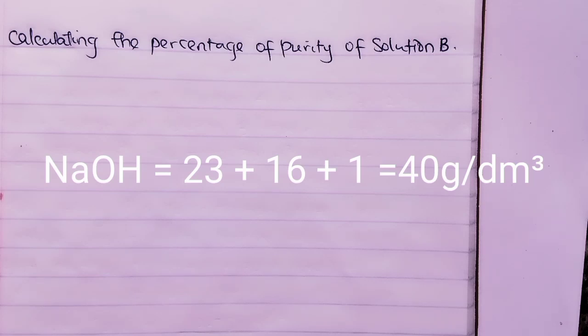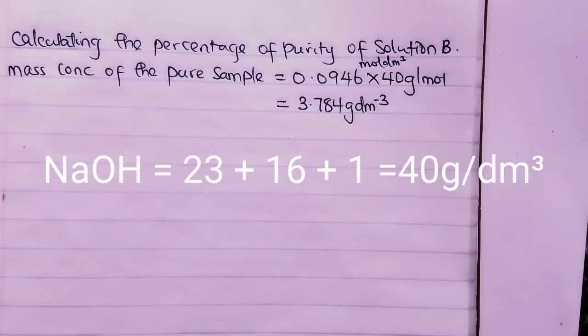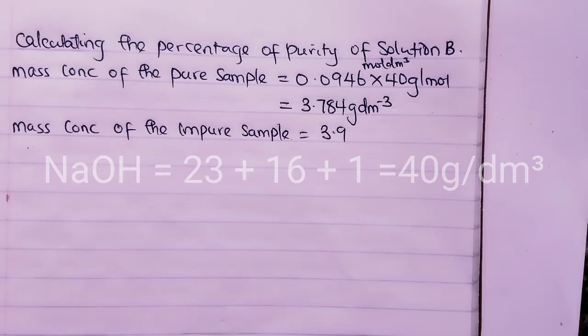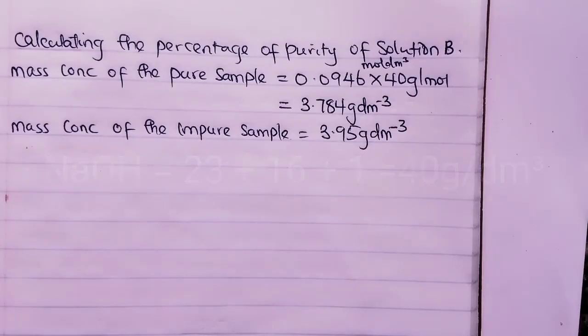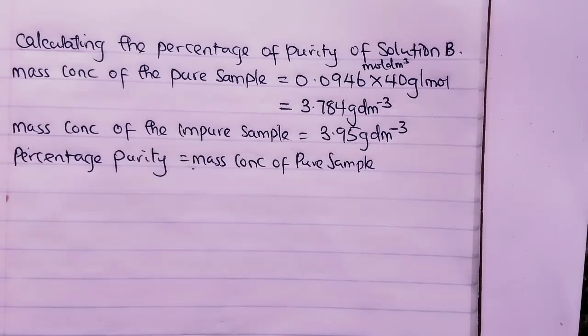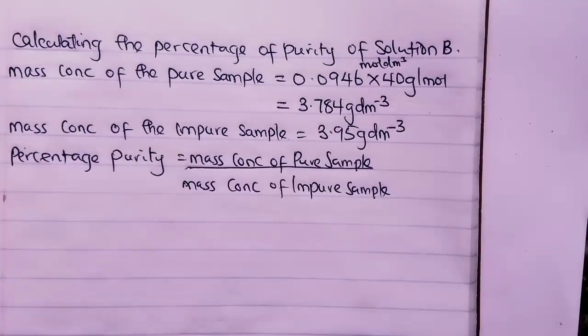Therefore, we are going to get the mass concentration of the pure sample, but previously they told us the mass concentration of the impure sample is 3.95 grams per dm cube. Therefore, percentage purity equals mass concentration of pure sample over mass concentration of impure sample multiplied by 100%.